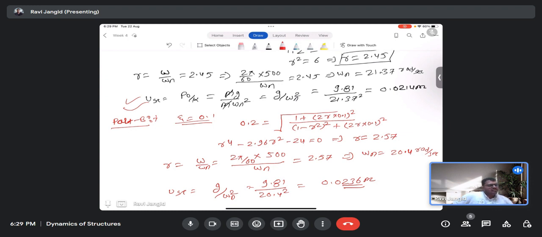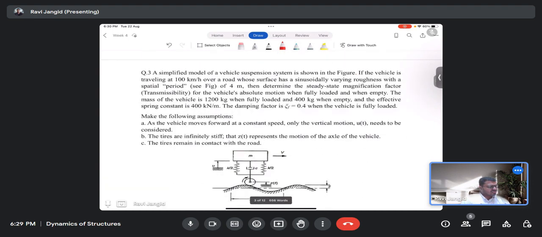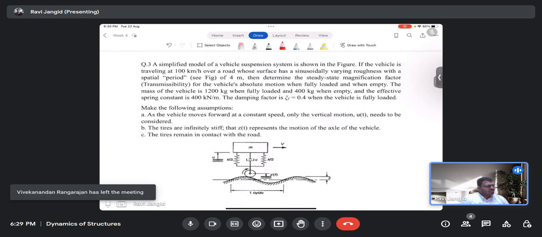If there is nothing specified in the question, then the displacement is always absolute. Or if velocity and displacement terms come into the picture, those are actually relative, but acceleration is always considered absolute. So we will discuss that in the last two or three problems. So we are moving to the next problem.